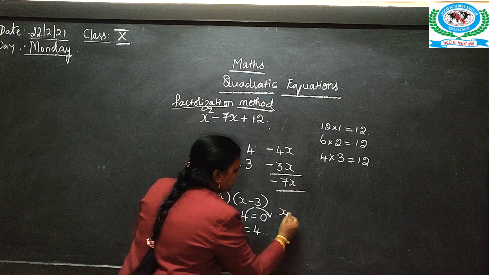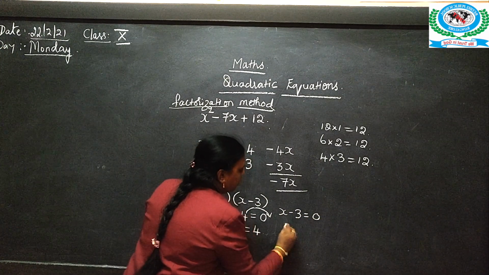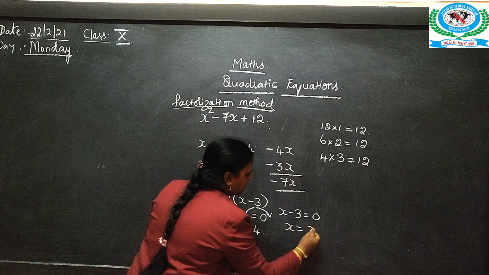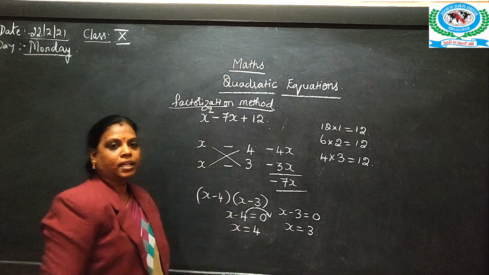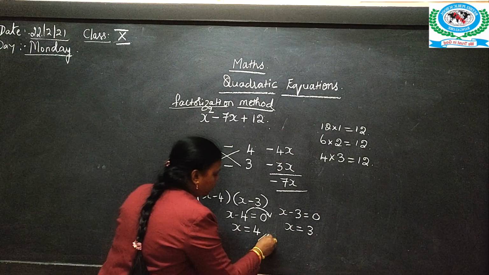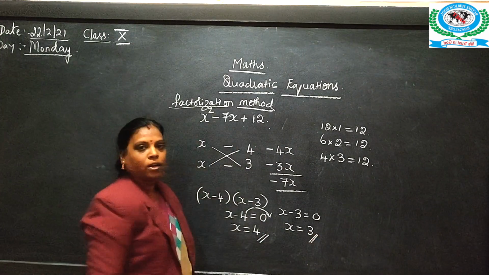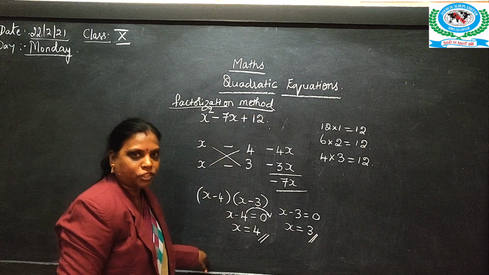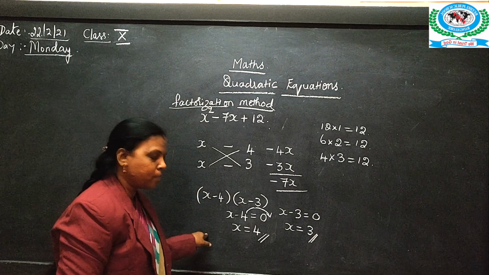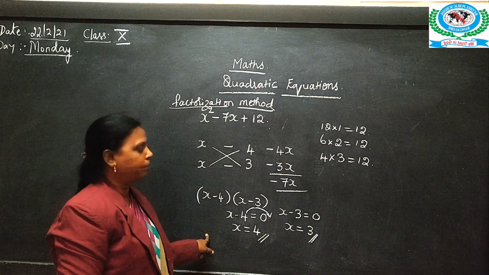Next, when x minus 3 is equated to 0, x is equal to 3. Okay, so the values of x are: x is equal to 4 will be one root and x is equal to 3 will be another root. This is the factorization method. The same problem we will do in the formula method.